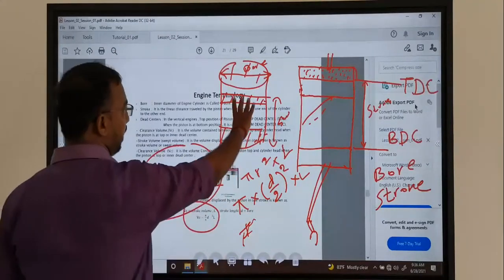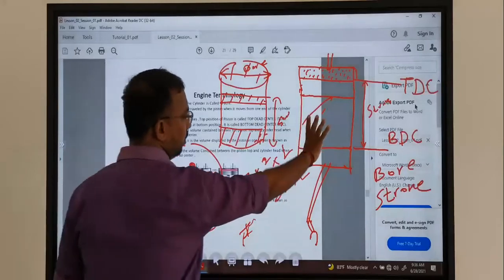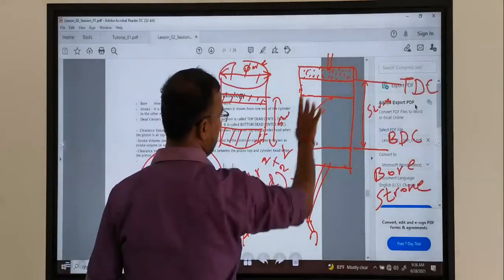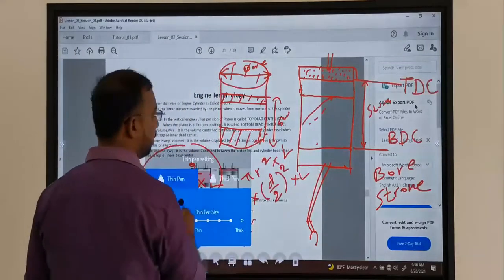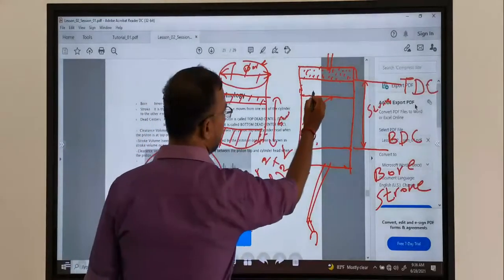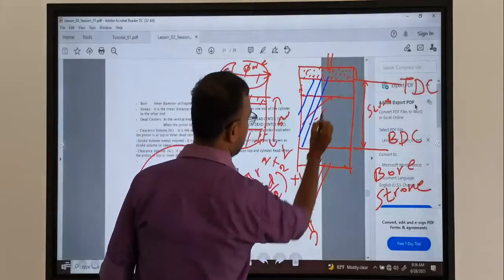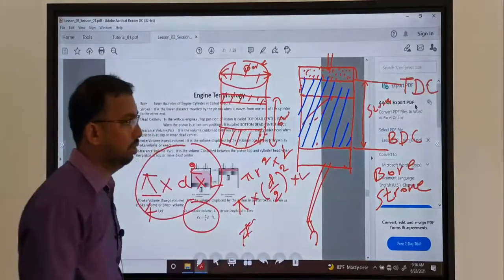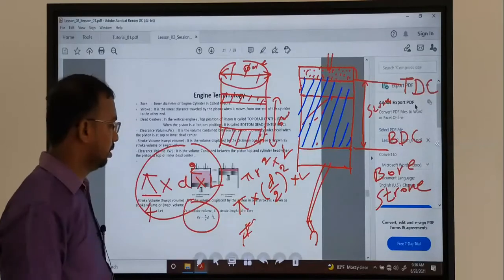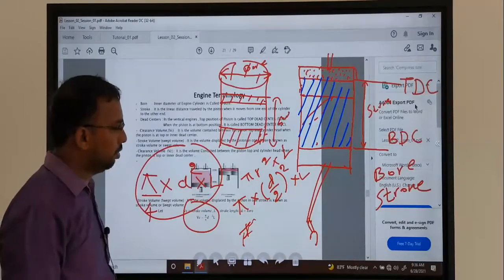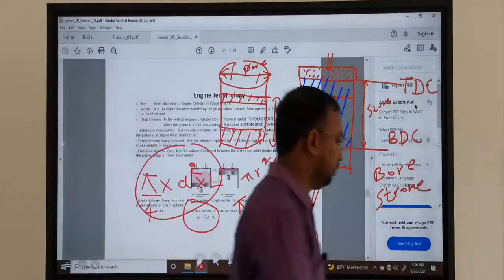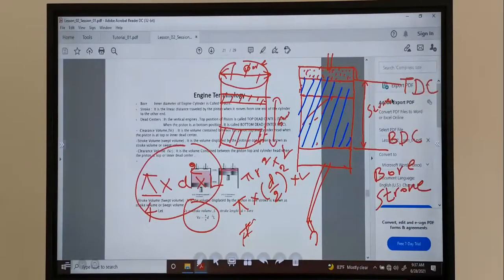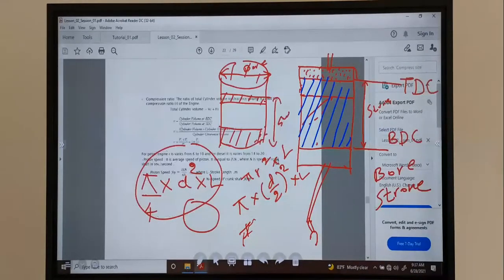So we can find the volume from here to here. This amount of volume is the stroke volume. Now the second thing we have to study is the clearance volume. What is clearance volume?